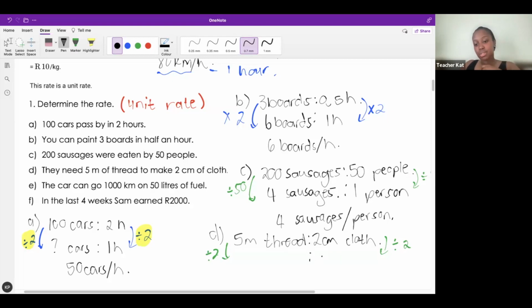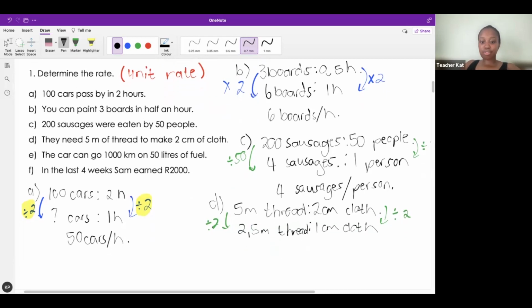So this will give us what it is for 1 centimeter of cloth. That means I'm going to need 2,5 meters of thread. What do you notice about rates that is different from ratios, guys? What do you notice about the difference between rates and ratios?